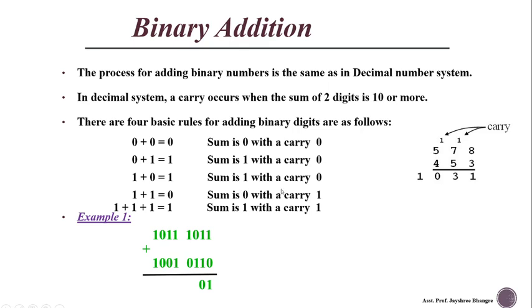The sum is 0 and a carry is generated, as the answer of this addition is 10, so we write 0 as the sum and 1 as the carry. In the next column we have to add 1 plus 0 plus 1, which gives sum 0, carry 1.